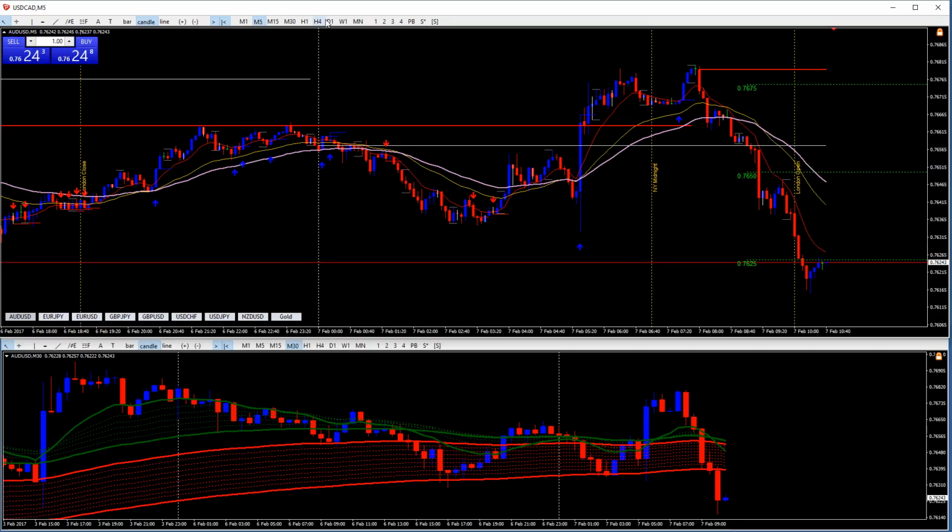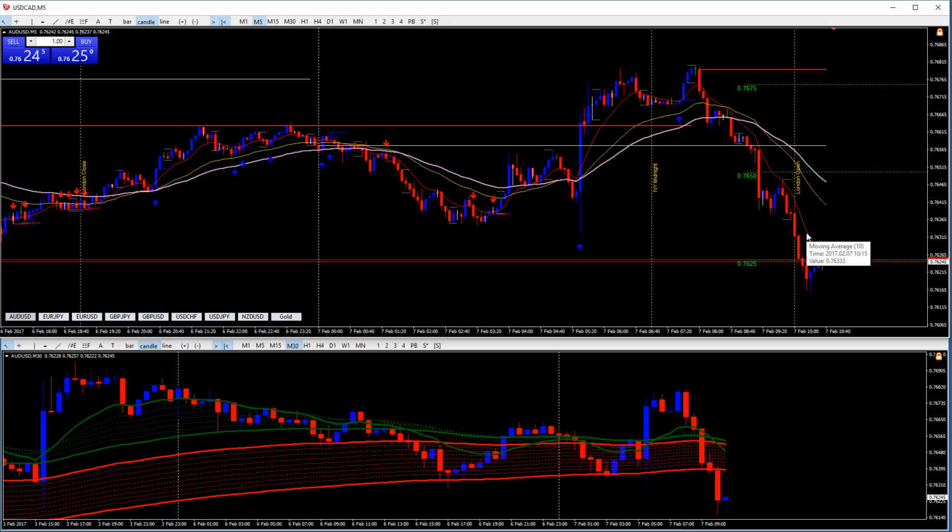So I trade primarily breaks of the 10. I trade what I call the FX plan, which is a 10, 30 EMA moving average.